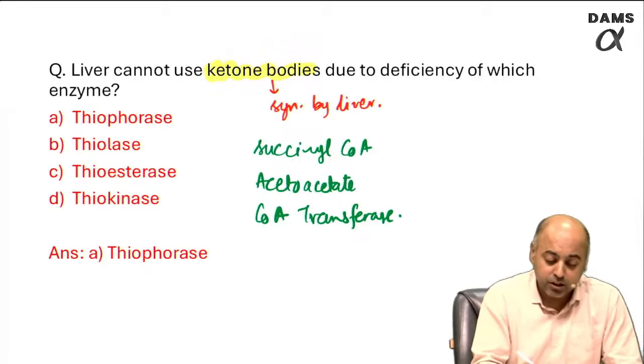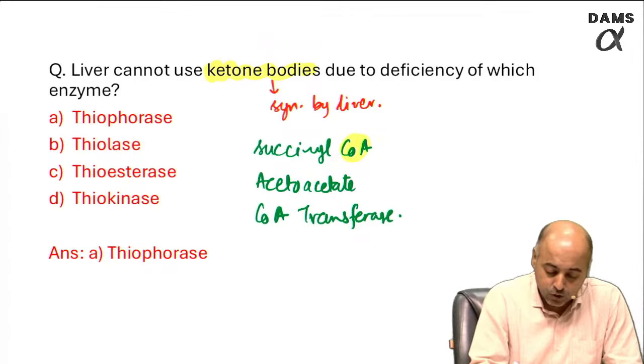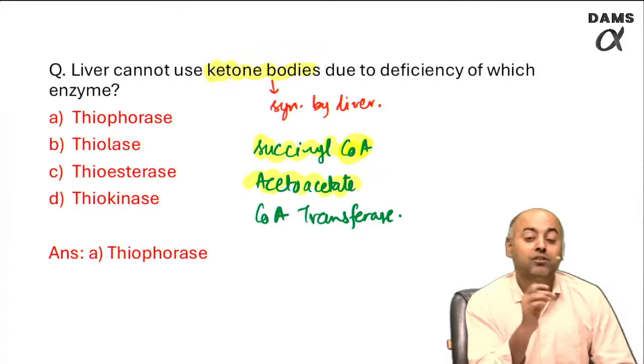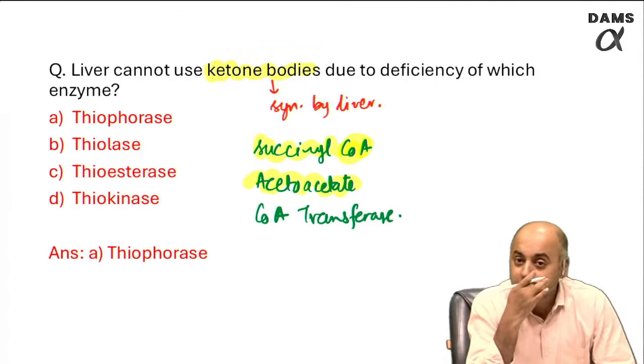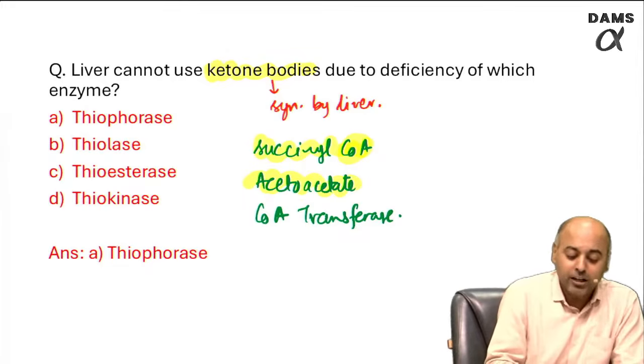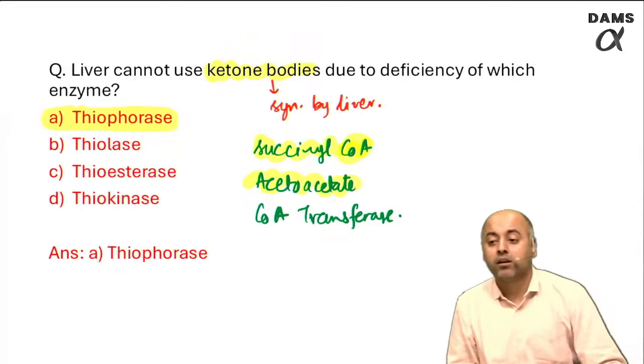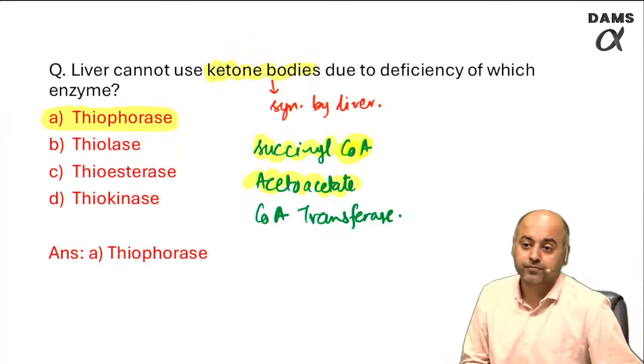This enzyme transfers the coenzyme from succinyl coenzyme A to acetoacetate. That is why we call it the succinyl coenzyme A acetoacetate coenzyme A transferase. The common name for this enzyme is thiophorase.